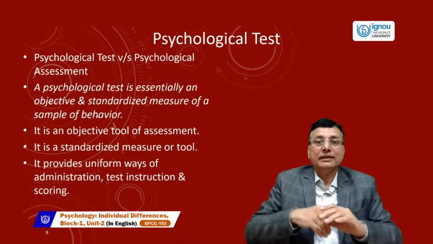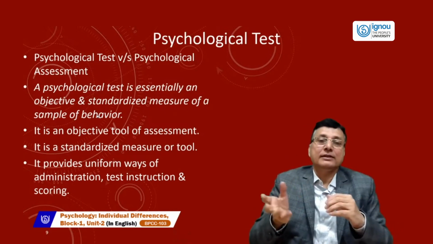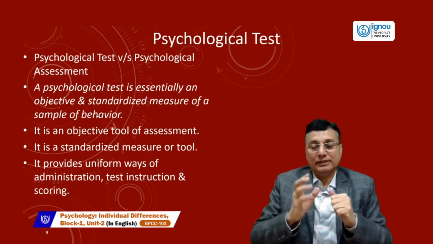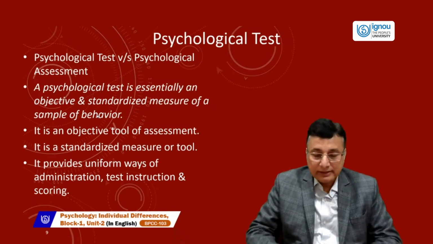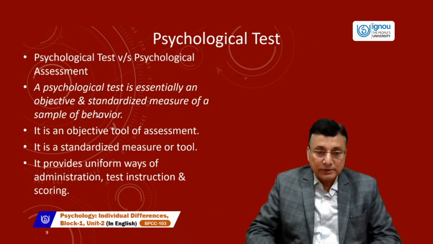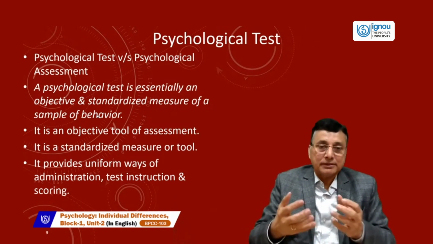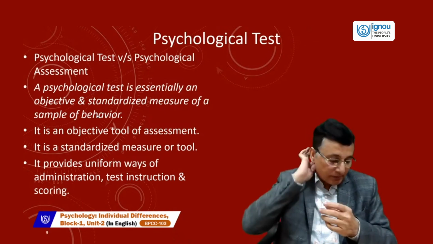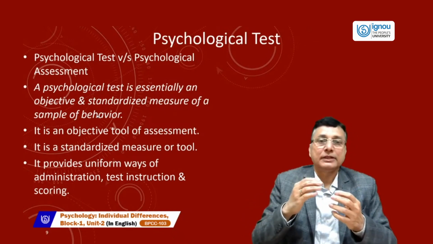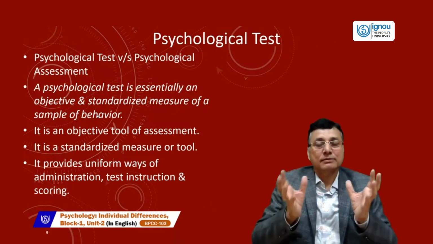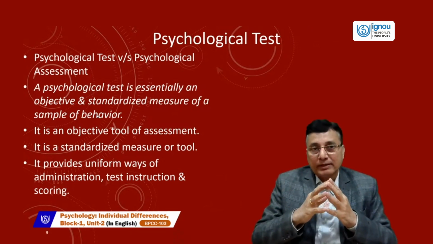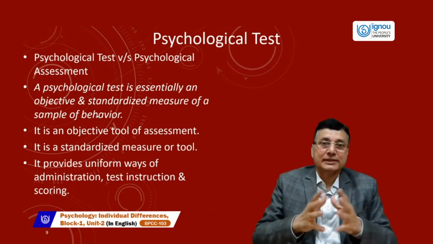Psychological assessment is an umbrella term under which psychological test is there. So psychological assessment may include just a clinical interview, just observation, and some other things like participant observation, history taking, record collecting, mental status examination.